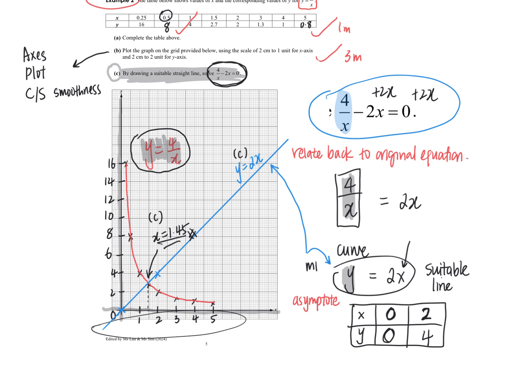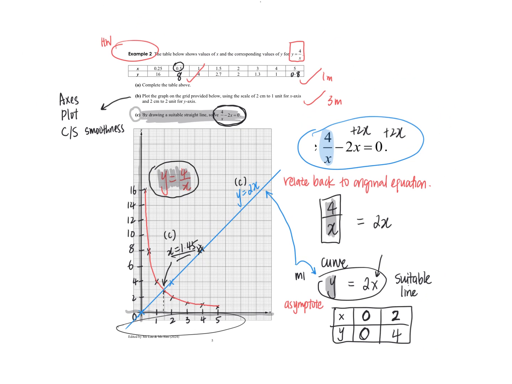Then when you look at the time, 10 or 15 minutes left already, quickly go and do the graph, then you move on to other parts. Don't waste your chance on the graph because plotting already gives you marks. Even if it's not smooth, at least you get 2 marks out of the 3. So this is the curve.